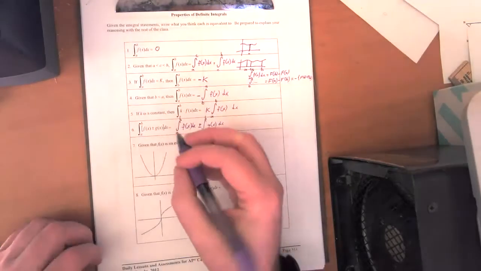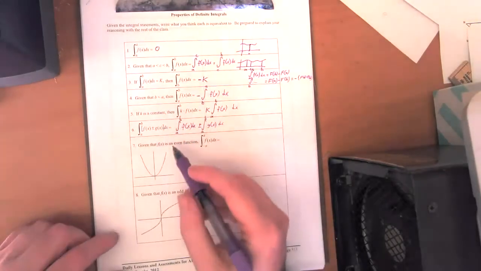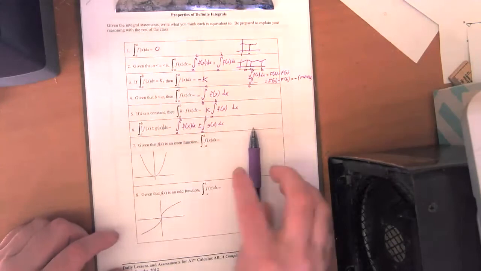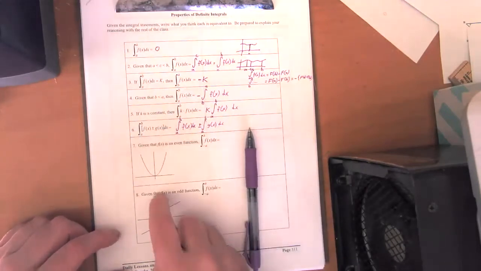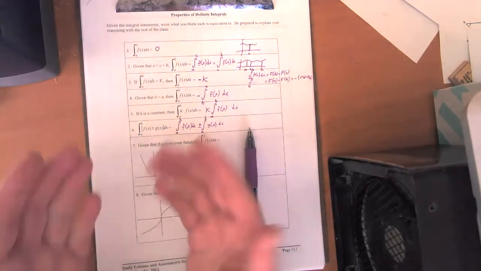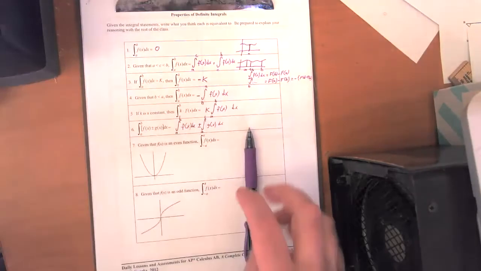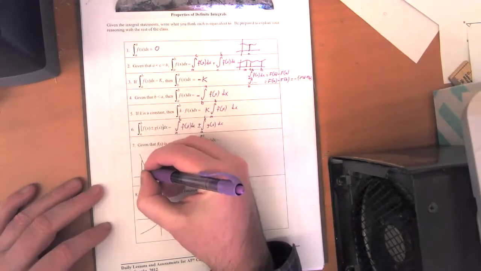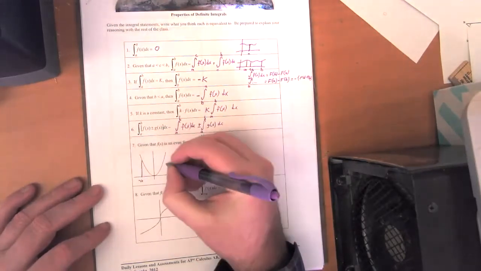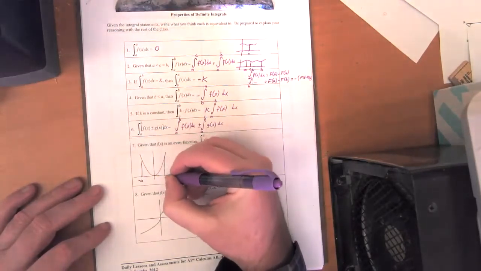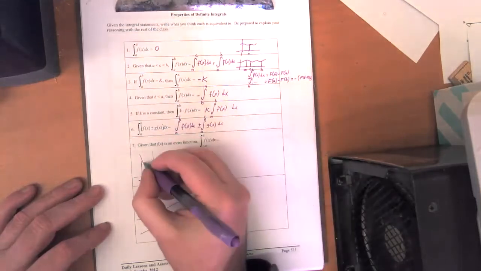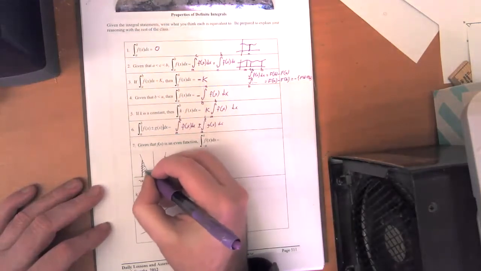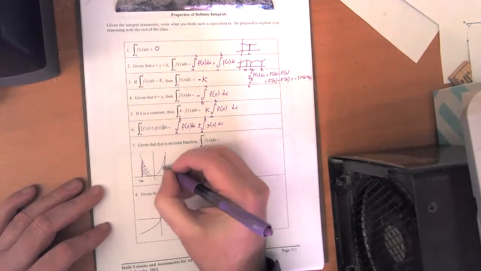The last two rules here are kind of interesting. So remember that an even function is a function that is symmetric about the y-axis. So it's the same thing on the left and right-hand side. So let me draw myself, here's my negative a, and here's my a. And so this definite integral is talking about this area here.